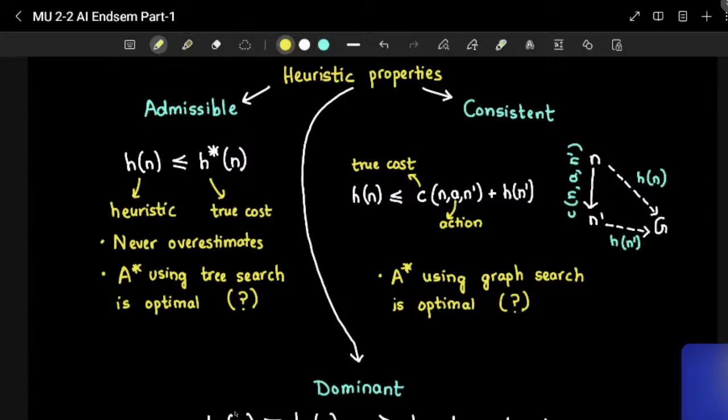If you perform all sorts of actions while you are at state n, you will be going to many other n primes. So it could be n prime 1, n prime 2, n prime 3. For all those n primes, or simply for every state, this condition has to be satisfied. Only then is the heuristic consistent. All possible combinations you have to see.